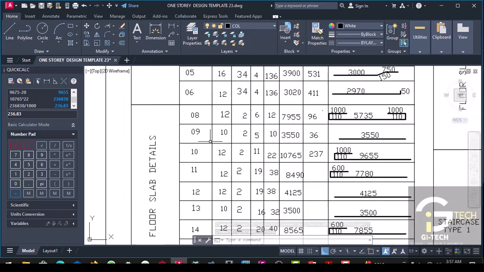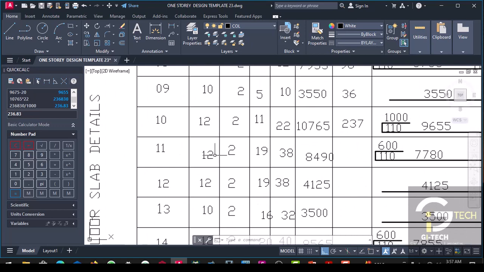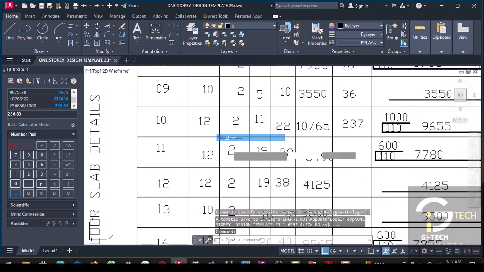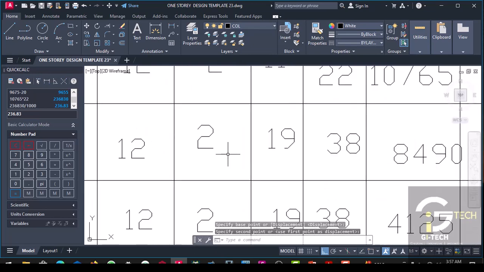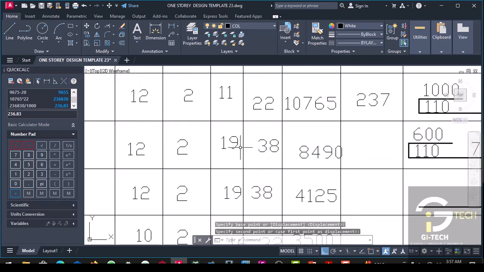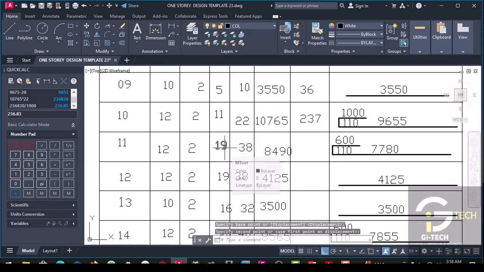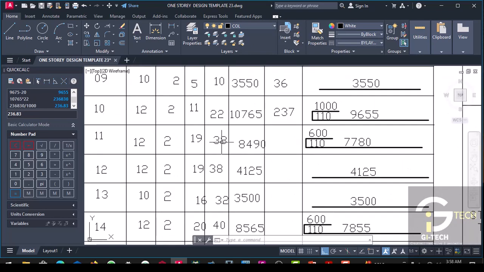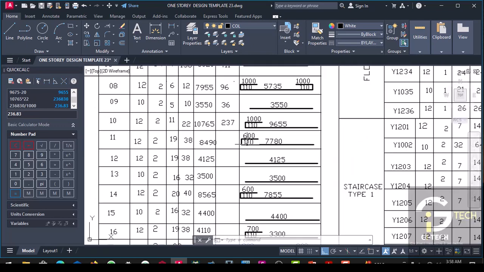11 is Y12, so diameter here is 12. And number does is 2. The number in each is 19. So you multiply 19 by 2 to have 38.